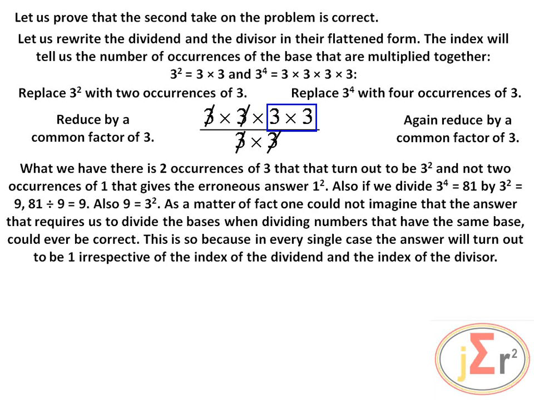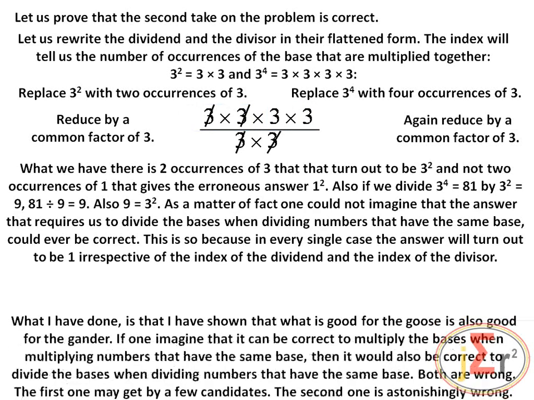Therefore, if they are the same, when we divide one by the other, we will get 1. 1 raised to any power is 1, and that we will get irrespective of what the base is, because we will be dividing the bases that are equal. The result is always going to be 1.